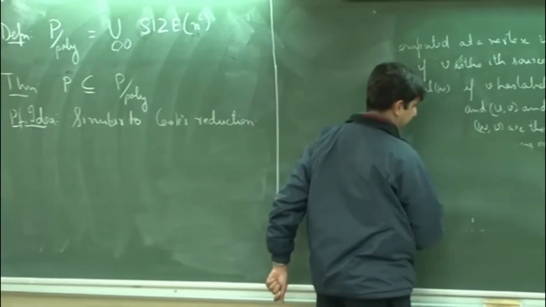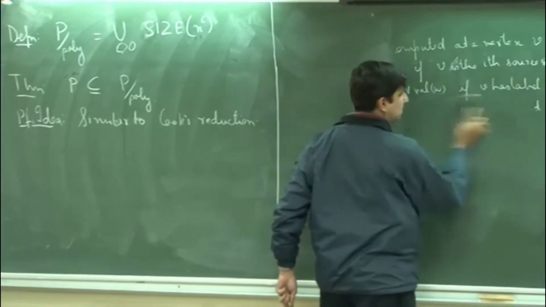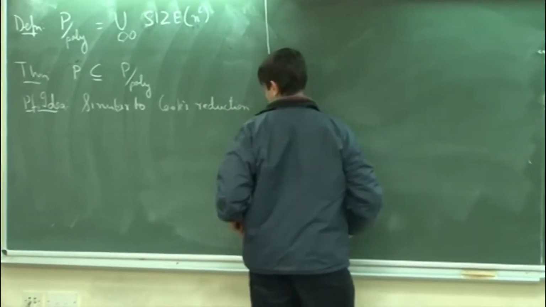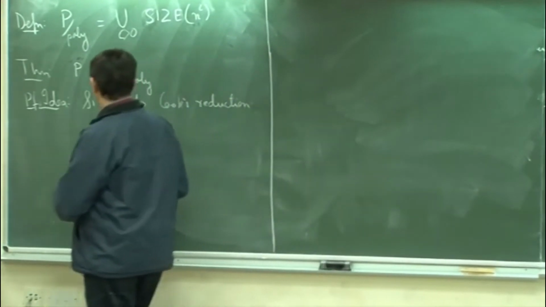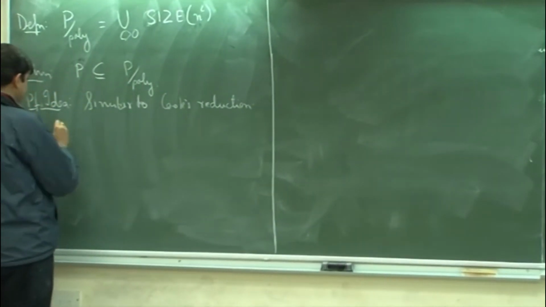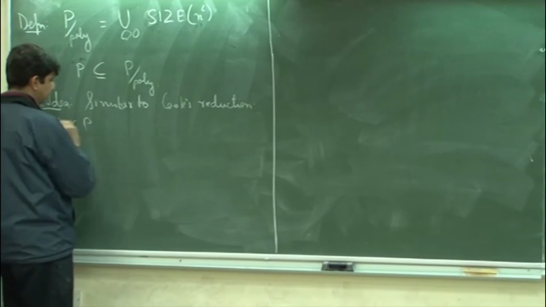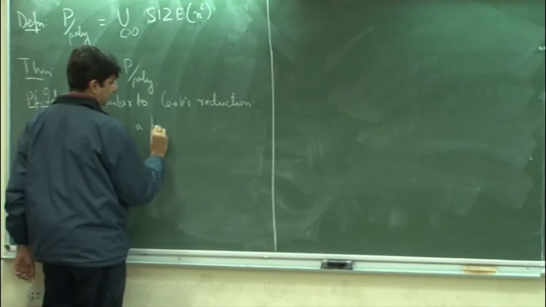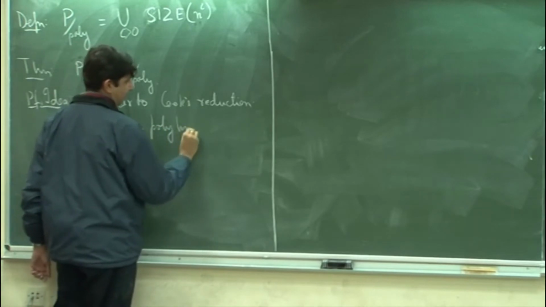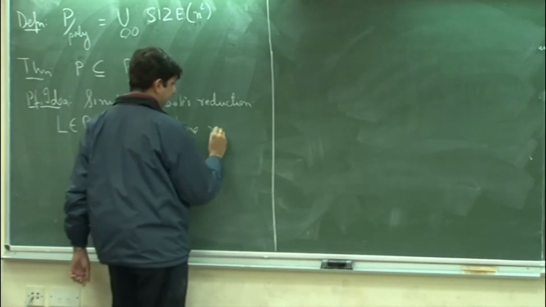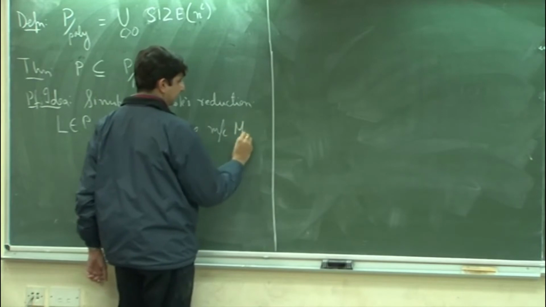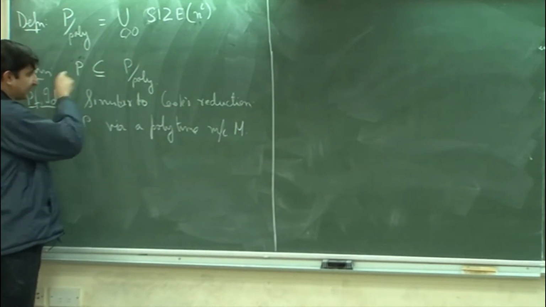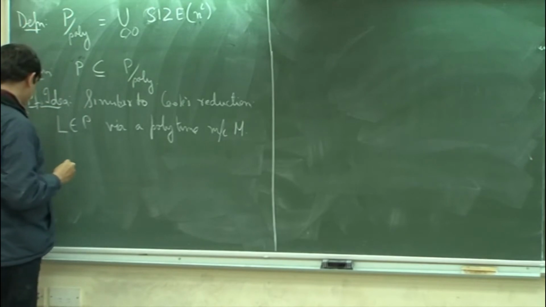Actually, some things are important to note. So, what we do is, suppose we have a language L in P, which is accepted via a polynomial time Turing machine M. Now I want to design a family of circuits.